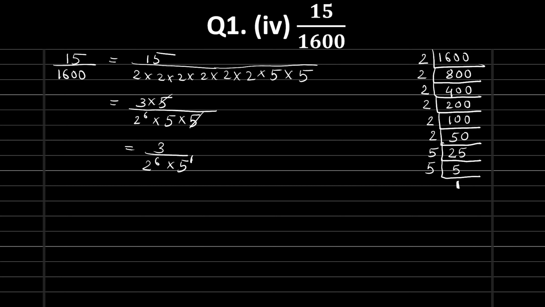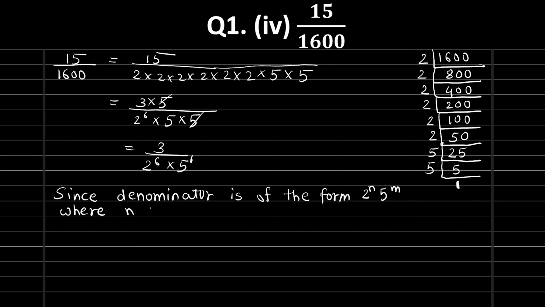So what did we observe here? The denominator is purely containing 2 and 5 as its prime factors. So definitely here, since the denominator is of the form 2 raised to n into 5 raised to m, where n and m are whole numbers, we can see it is written in the form of 2 raised to 6 into 5 raised to 1, right?